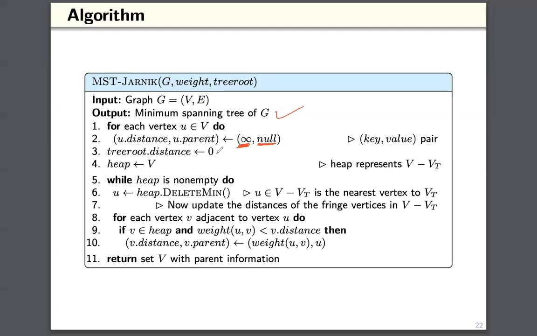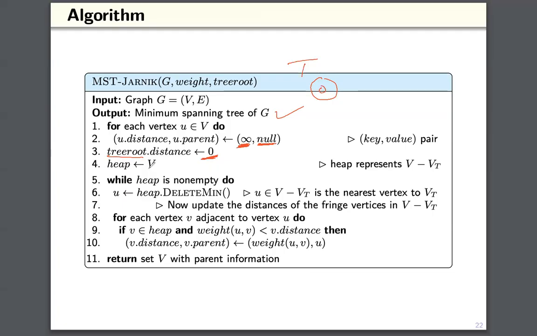And then for the starting vertex where you want to start from, you will initialize that as 0. So let's call that the tree root. For one vertex, you will initialize the distance of 0. One vertex is in the tree now.